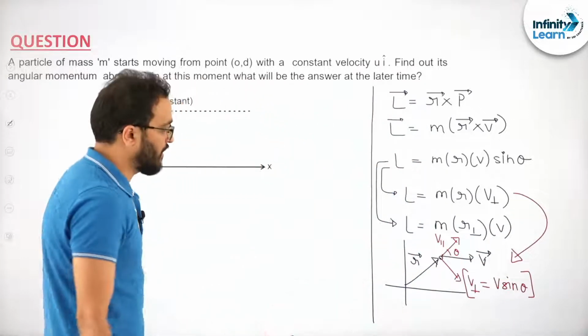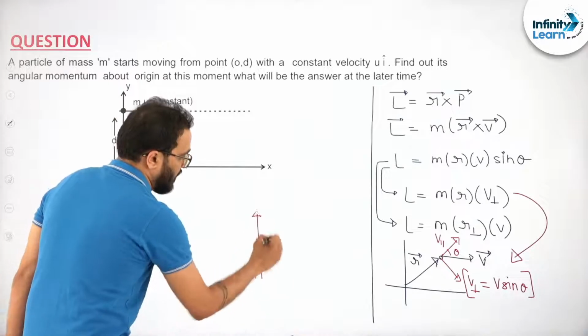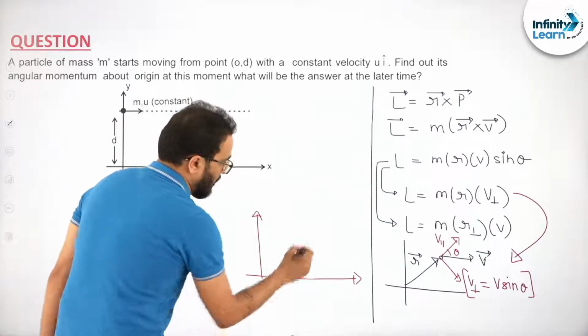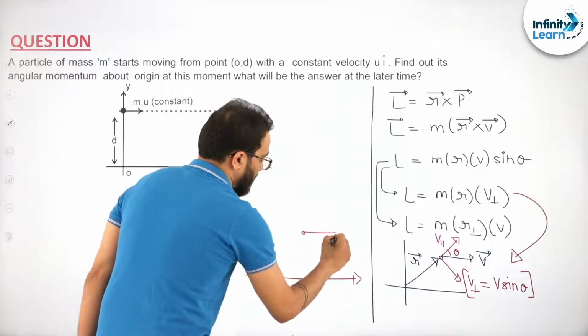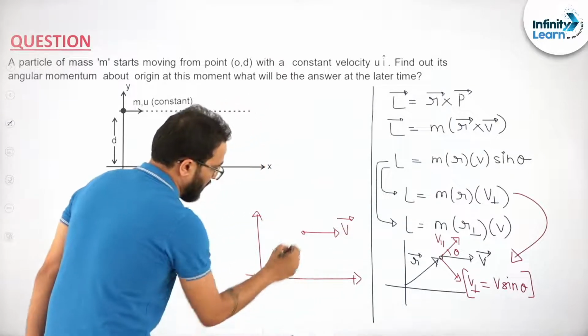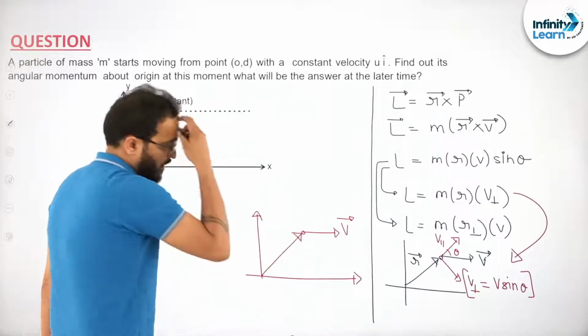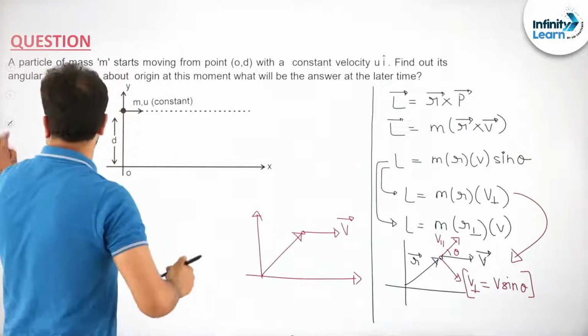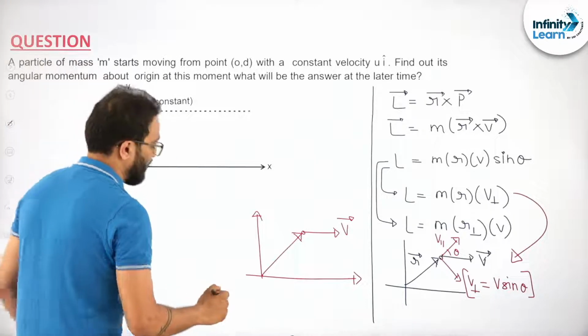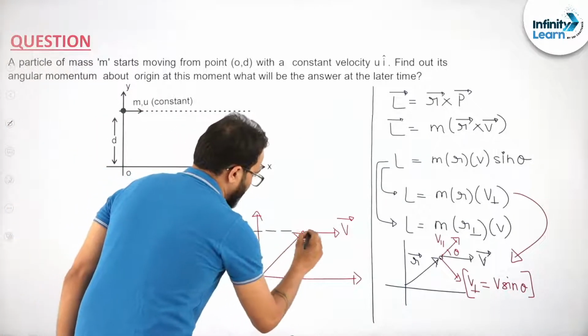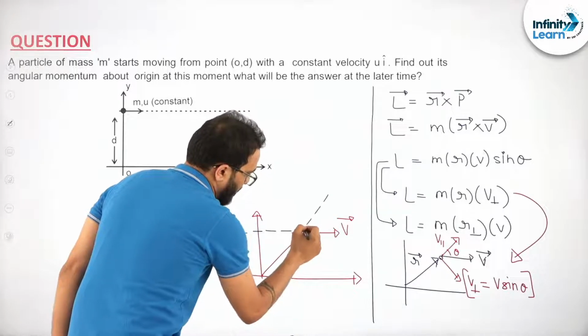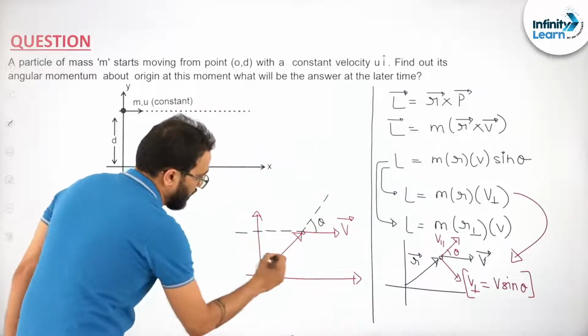Either we can go with this method, or what is another method? Another method that we can opt for is this. See, this is vector v, this is vector r. Either we can break vector r into two components and we can write it like this. Let's extend it. This angle is theta, right? This is r.